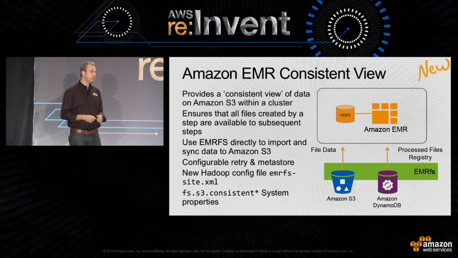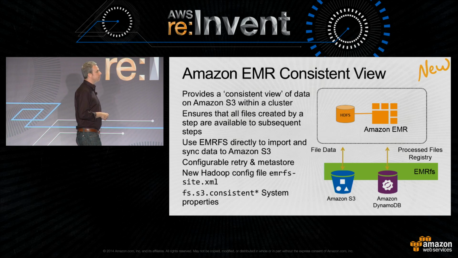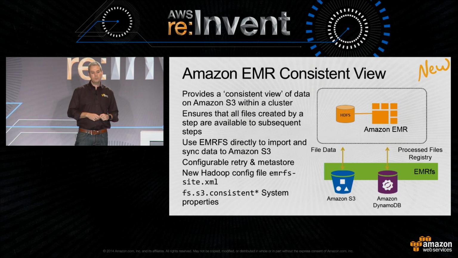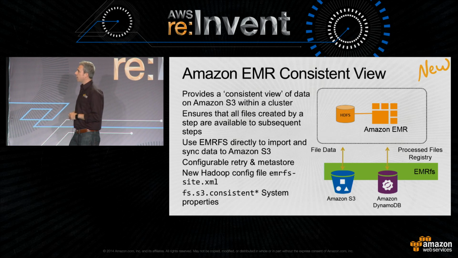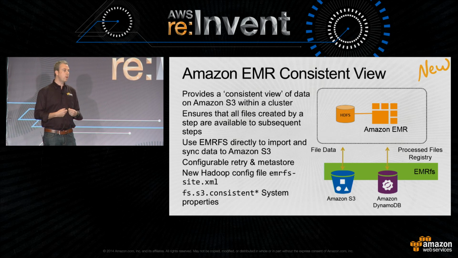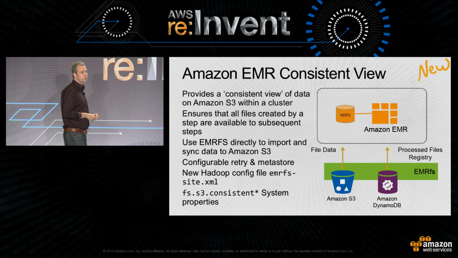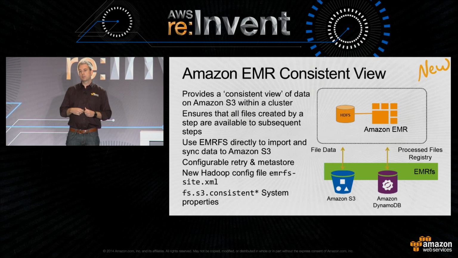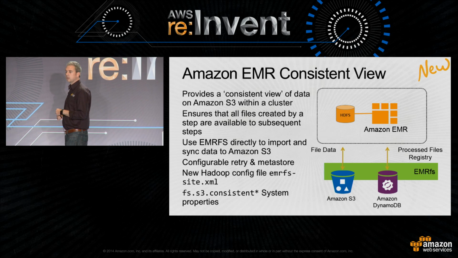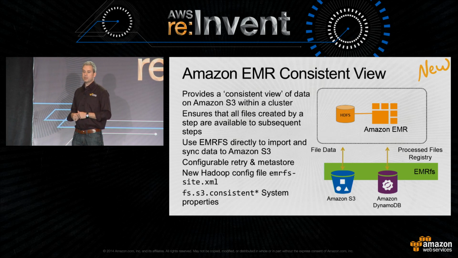So EMR consistent view is a new feature that was released a few months ago. And it gives Elastic MapReduce the ability to have a consistent and always up-to-date view of data on S3, even when working on storage systems like US standard for S3 that has eventual consistency.